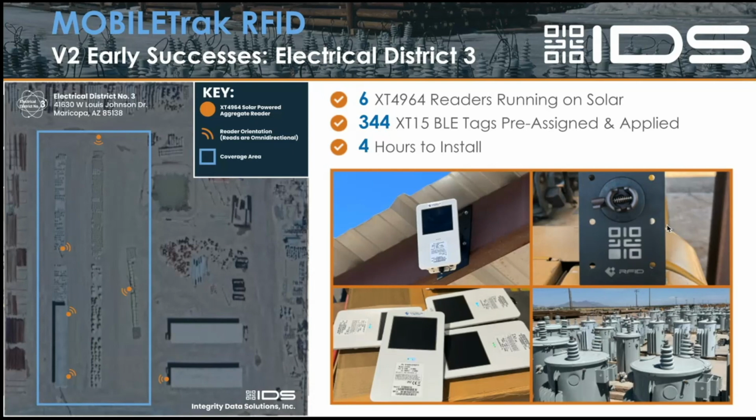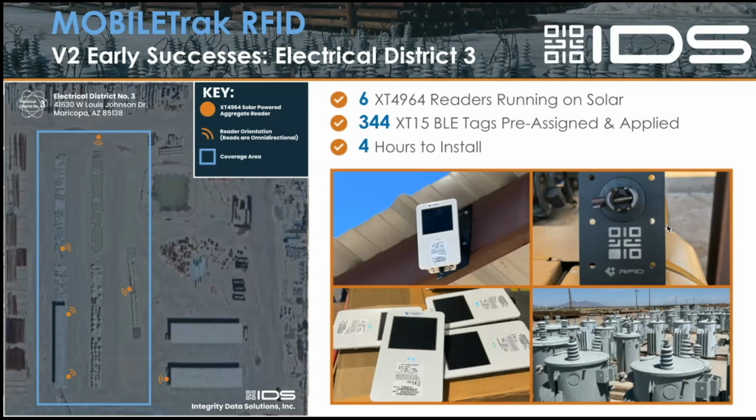They mounted this themselves using one of their service bucket trucks and also a man up on a fork truck. It says 6 hours, but it only took 6 hours because they realized they wanted to mount a pole in their yard, and that's the only reason it took 6 hours. There are about 350 asset tags mounted on those transformers that you see, and with those 6 readers, without any data and without any power, it took about 4 hours to install.